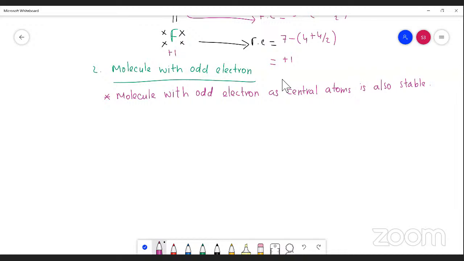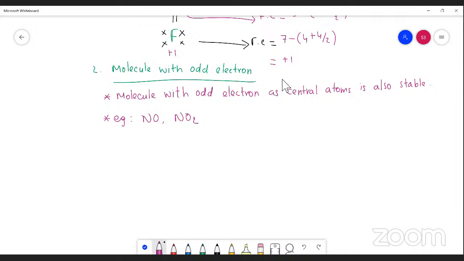For example, we are taking nitric oxide and nitrogen dioxide, NO2. Nitric oxide and nitrogen dioxide.